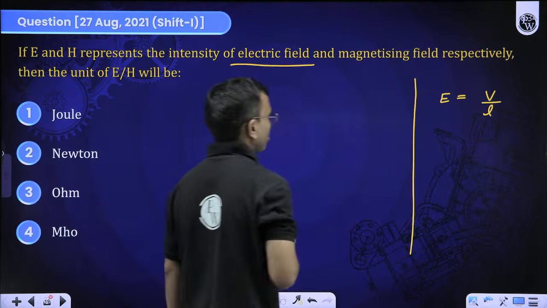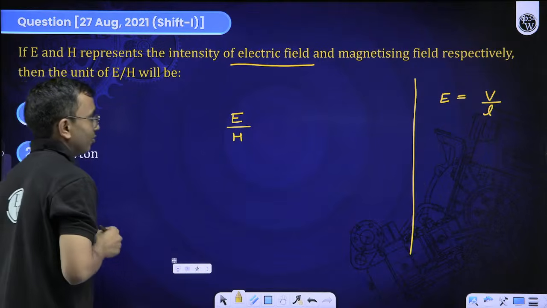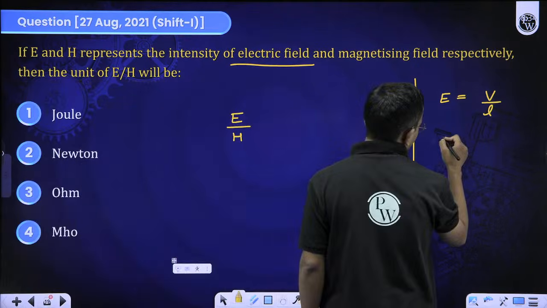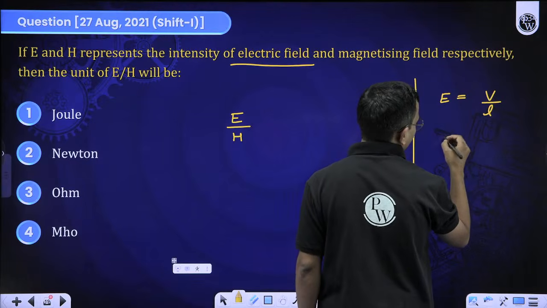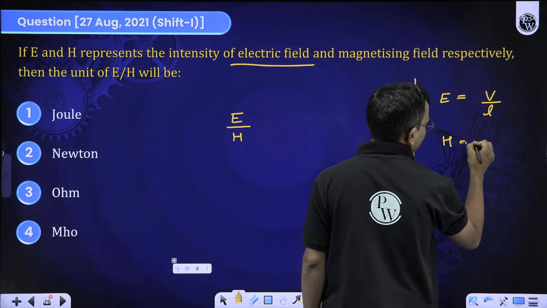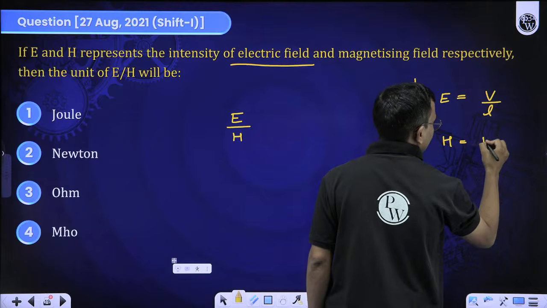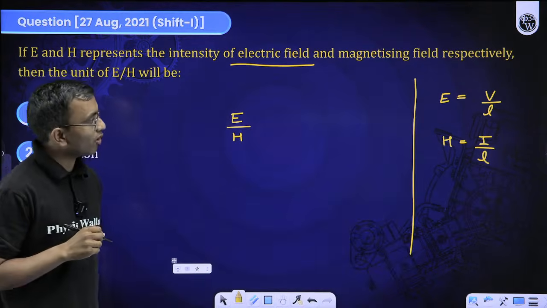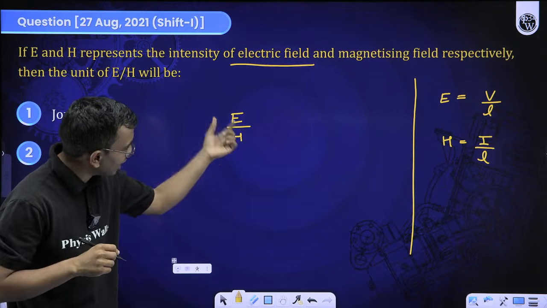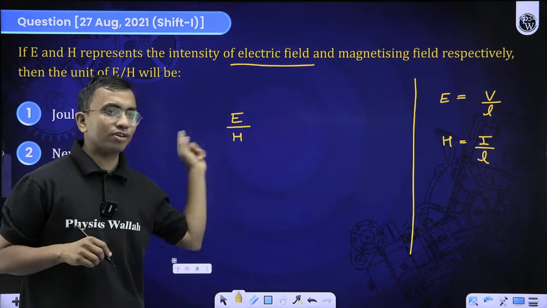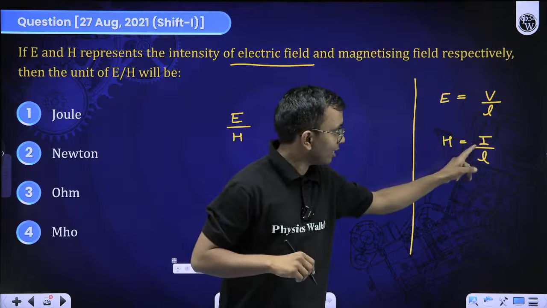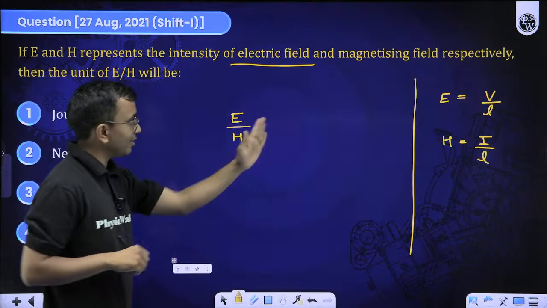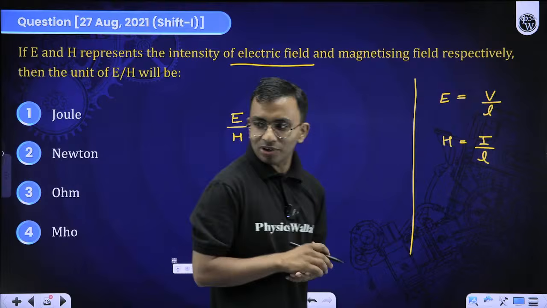You can use this formula. Then for H you can use this formula, current divided by length. You can use these two formulas, put them here and then find the unit of E by H. Potential by length, current by length. Divide them and see what you get. Try it from your side. Give it a try.